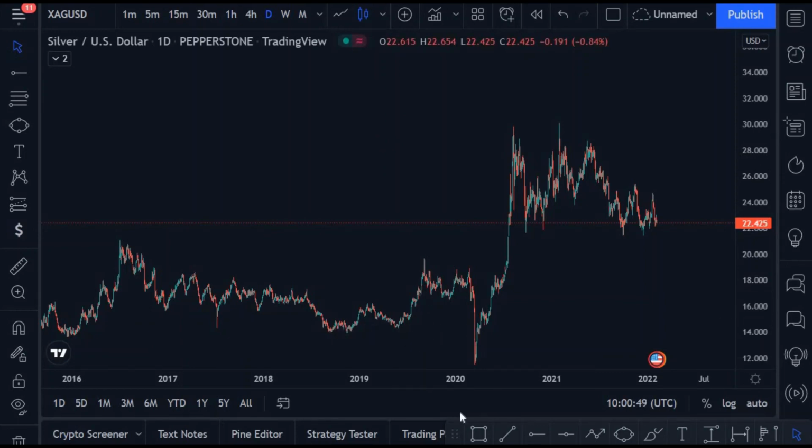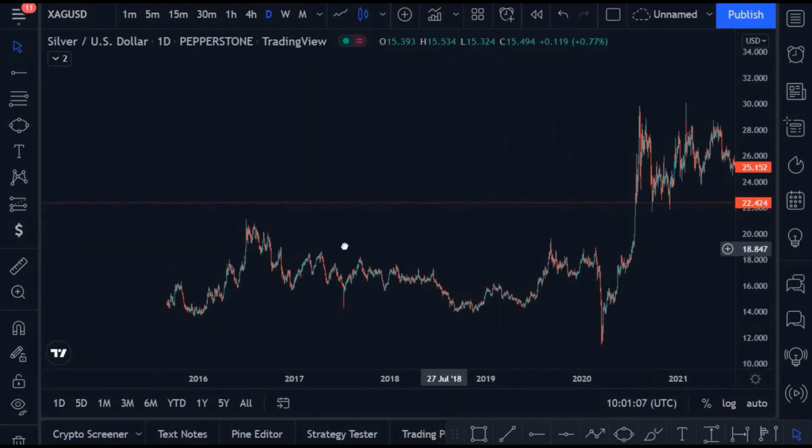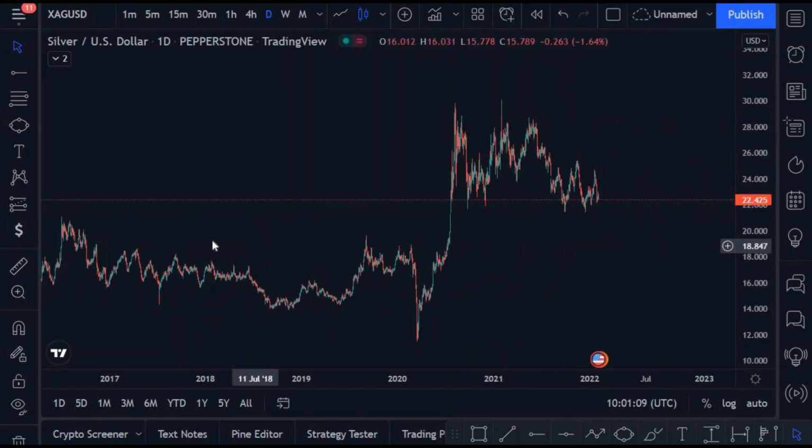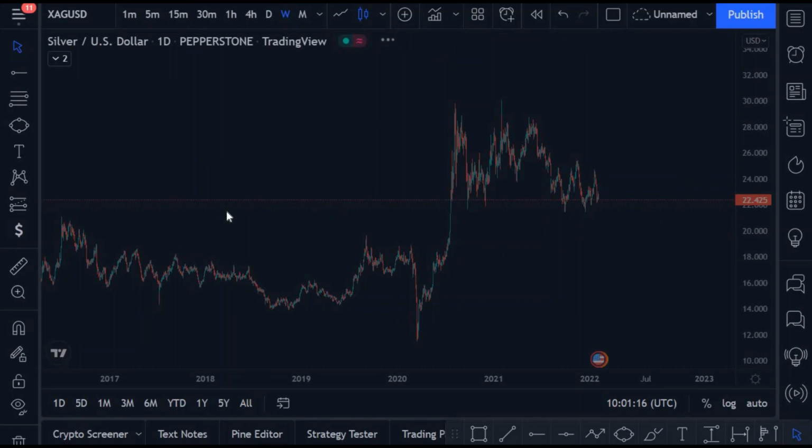One common mistake I see most people make when it comes to support and resistance is they treat support and resistance as a particular price level instead of treating this thing as a price range. For example, let me quickly go back to the weekly charts.